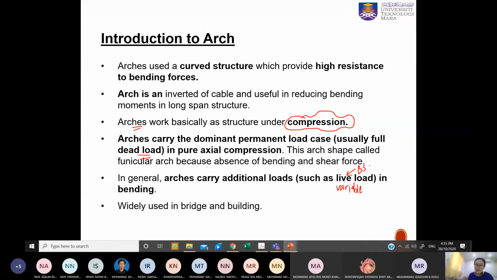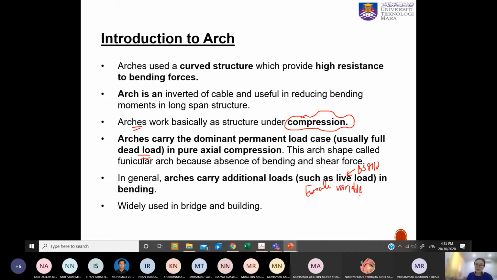In the Eurocode, if you used BS 8110, you use live load, but in the Eurocode this has been termed variable loads, where you deal with loadings that are not permanent at the location. It comes and goes.